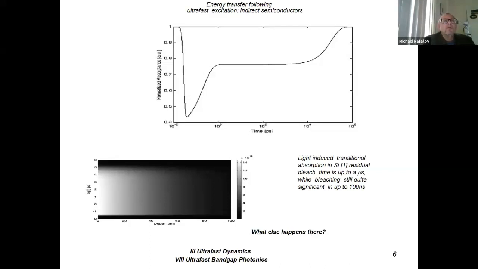It's still going on, for silicon, for example, up to a microsecond, or, if you look here, 100 nanoseconds or a few hundred nanoseconds. It's pretty strong, probably about half of peak.